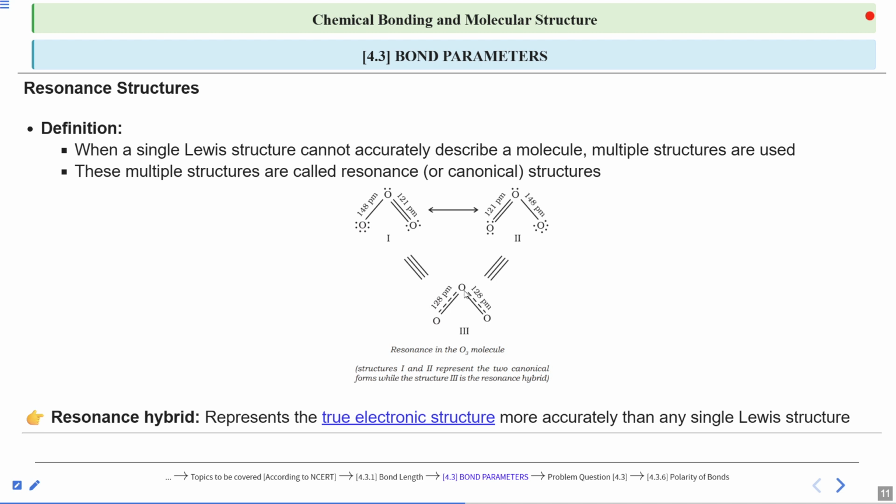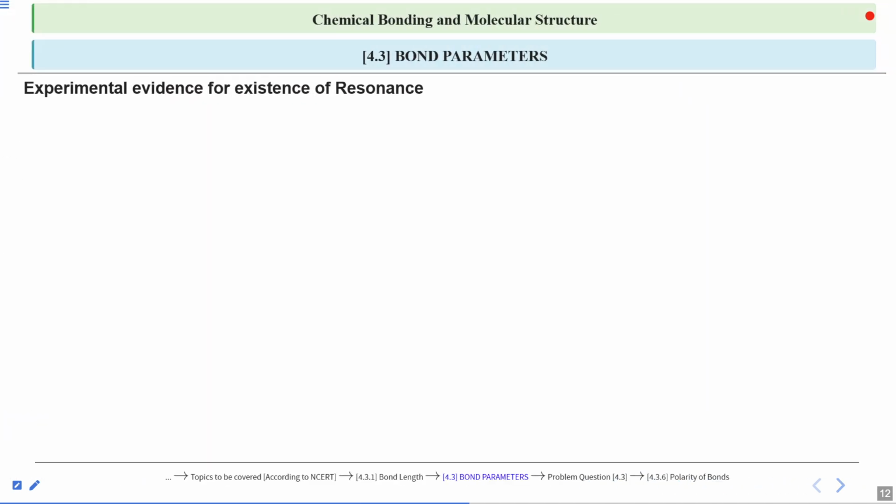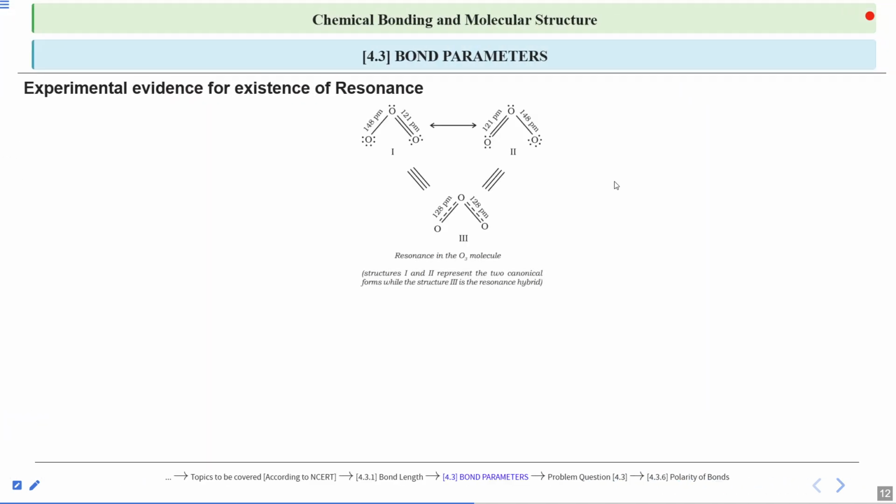Now I said that one Lewis structure is not able to explain the formation of the O3 molecule. Why is it so? We will try to understand this with the help of experimental evidence. So this is the diagram that we have seen earlier.